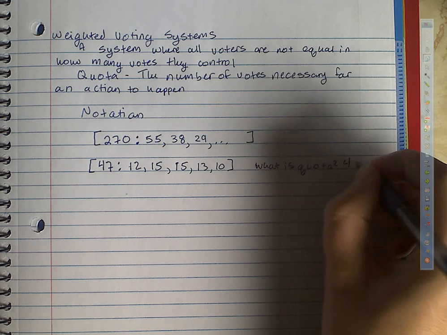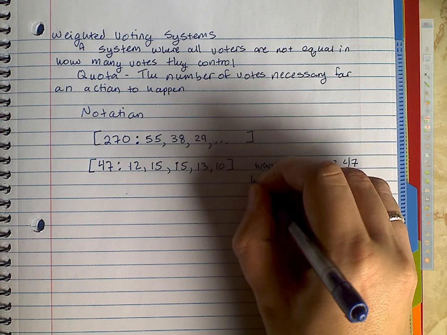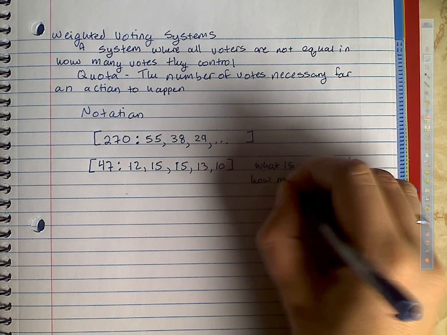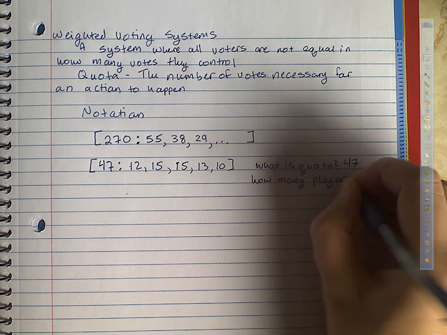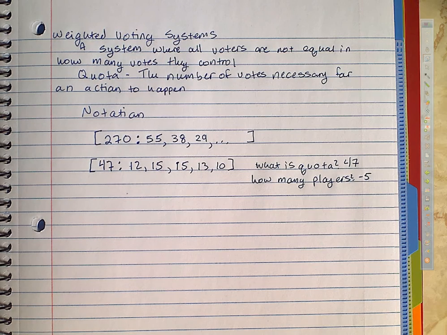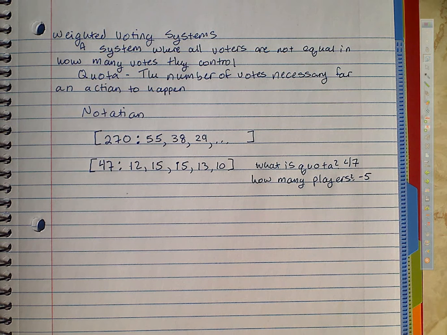Mason, how many players? 5. Okay. Isaac, how many votes does player 1 control? 12. Okay. Steven, how many votes does player 2 control? Harley, I'm going to mix you up and ask how many votes does player 5 control?